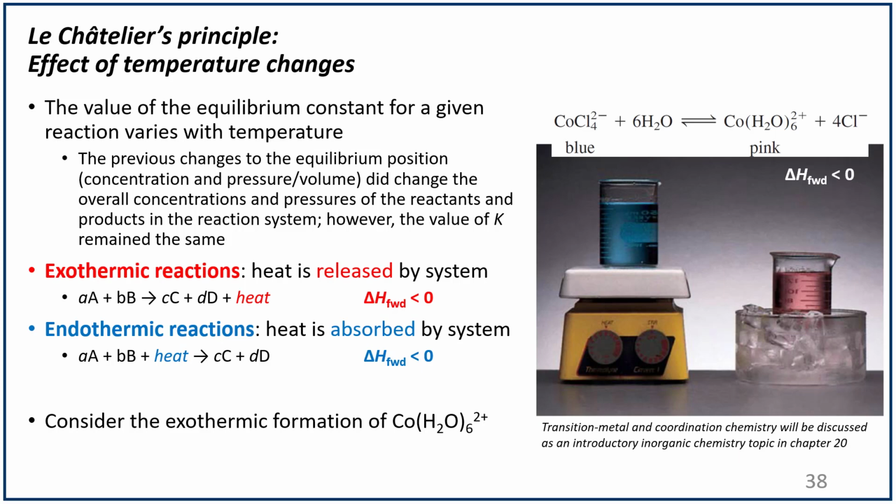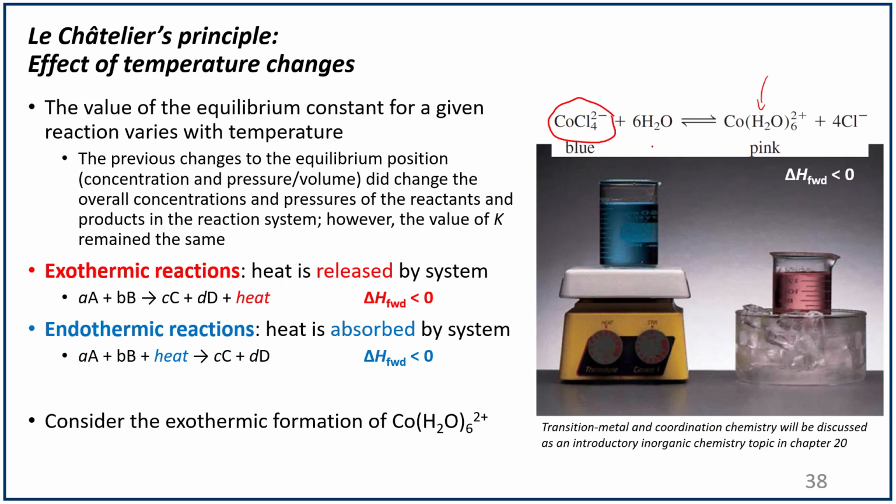Let's say, for example, we have this reaction in which this blue complex ion of cobalt, we're going to discuss complex ions in chapter 20, is reacted with water. As a result, you now have this new complex ion of cobalt which has a pink color.